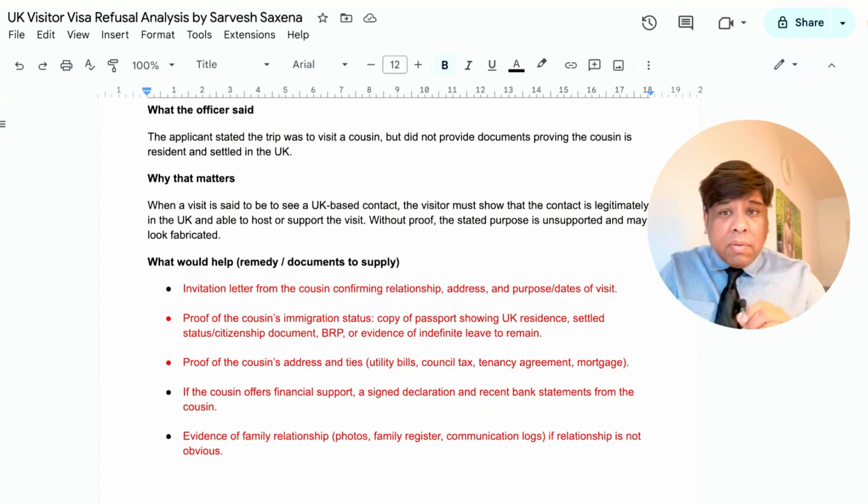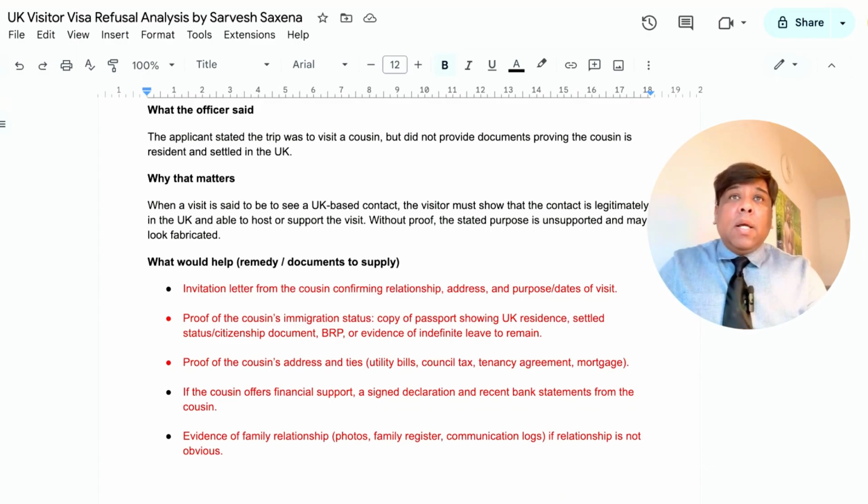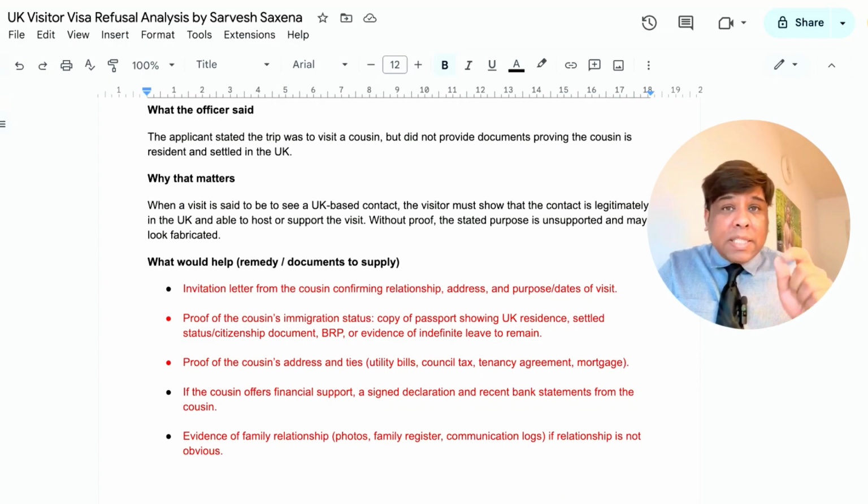Now, settled is a legal word which simply means that you are allowed to stay in the UK either indefinitely, which is called indefinite leave to remain, or probably you could even be on a spouse visa, but usually they prefer somebody on settled status where they can check whether somebody can live there indefinitely, or a British citizen. So they did not provide any proof that this person is currently in the UK and has a settled status. So that was error number one.